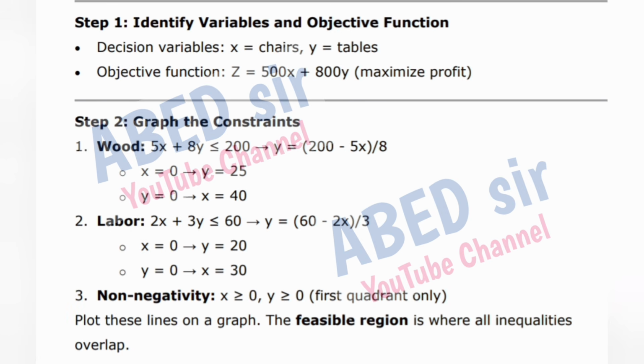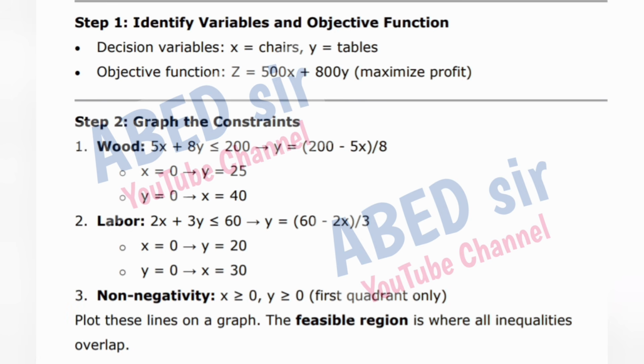Labor: 2x + 3y ≤ 60. If x = 0, y = 20. If y = 0, x = 30. 3. Non-negativity: x ≥ 0, y ≥ 0, first quadrant only. Plot these lines on a graph.